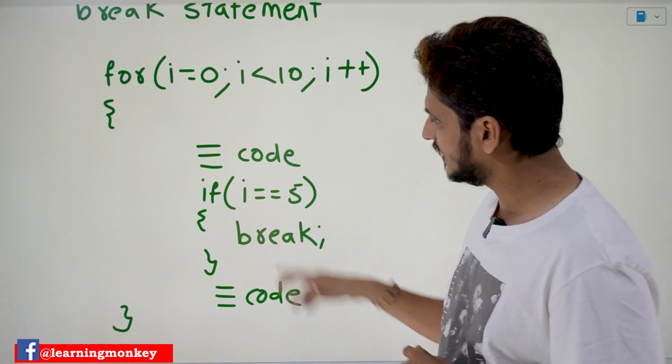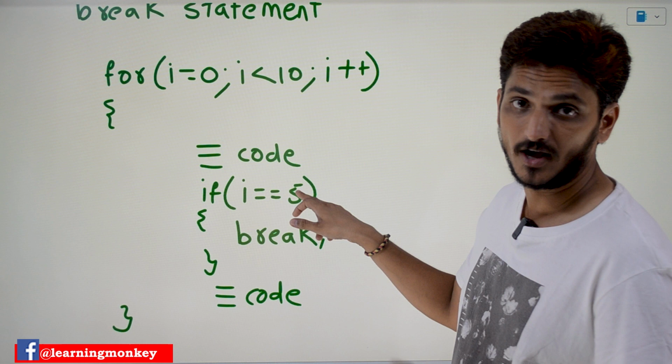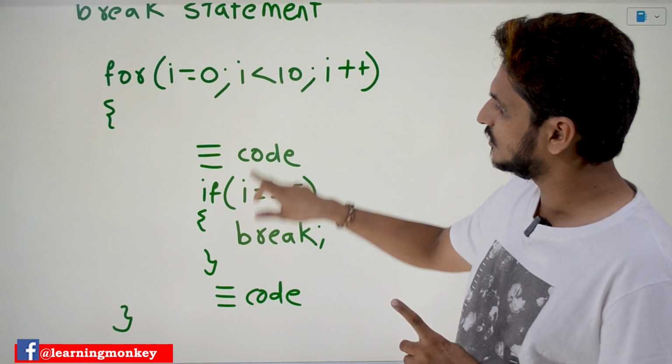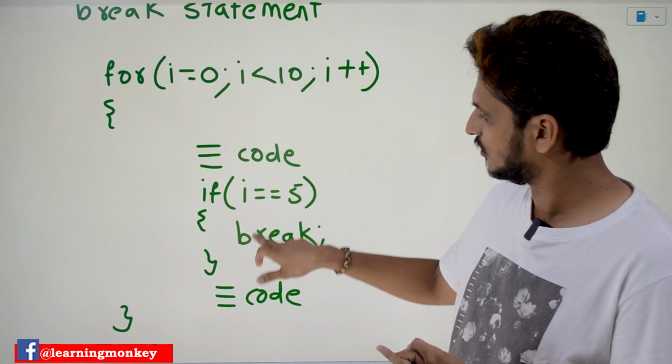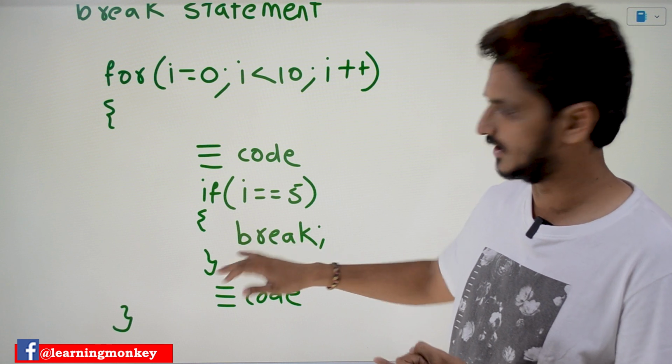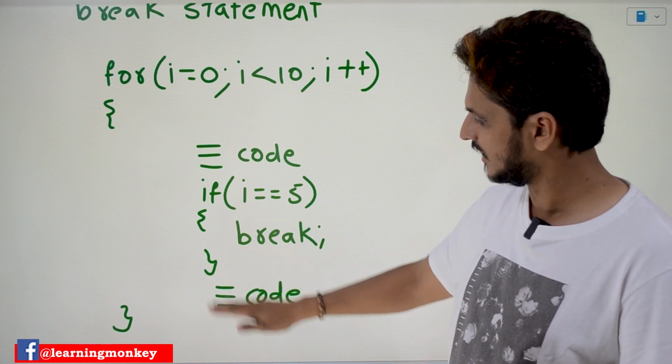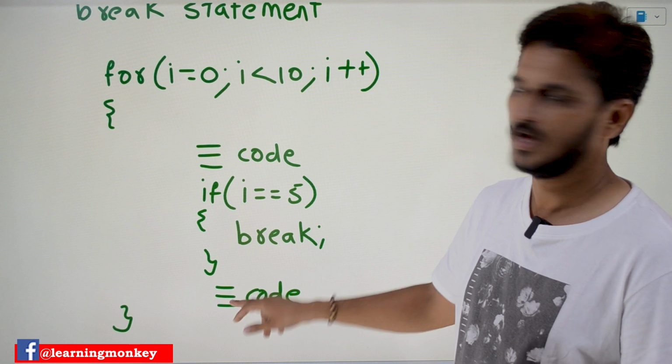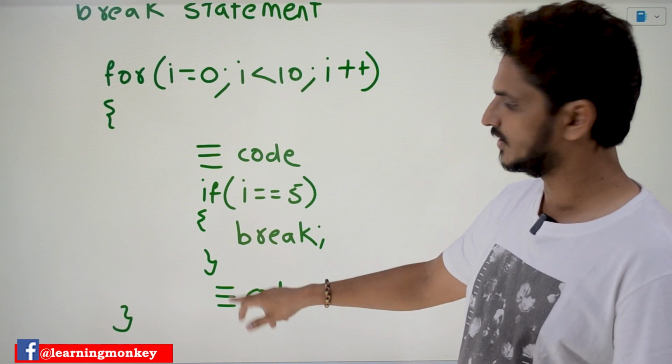What we have written here is if i is equal to 5. For i is equal to 0, the if condition is not satisfied, so it is not going inside the if condition. It is coming out of the if and executing the code written below. For i is equal to 1, this code and this code are going to be executed.